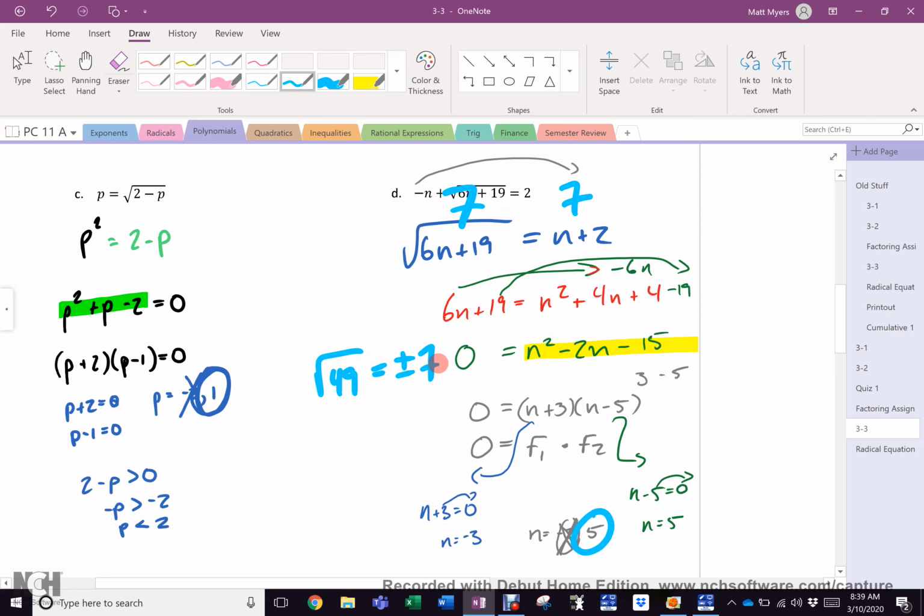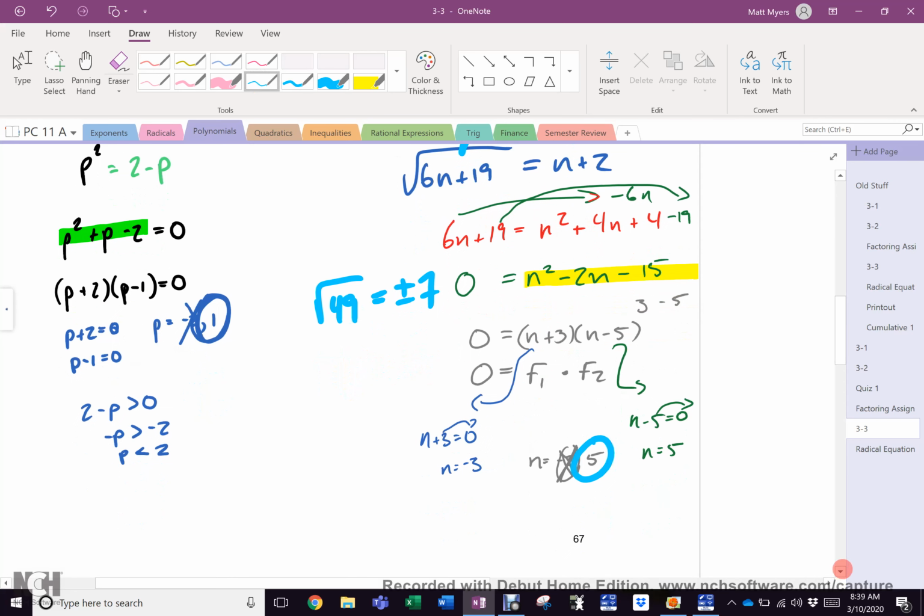Once you square something, you open us up to the possibility of 2 different answers, which is why you must check. If you don't, then you're in trouble. This right here, this that doesn't work, is what we call, and this is new note, so you want to write this down, an extraneous root.